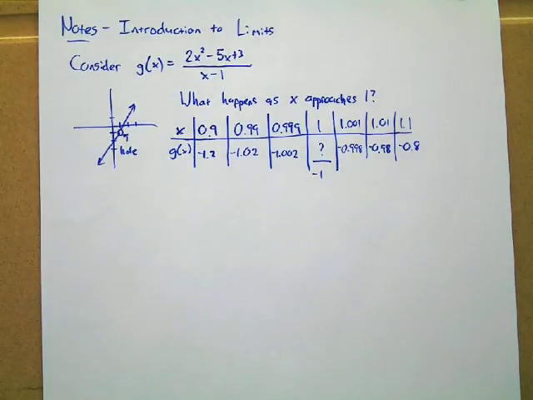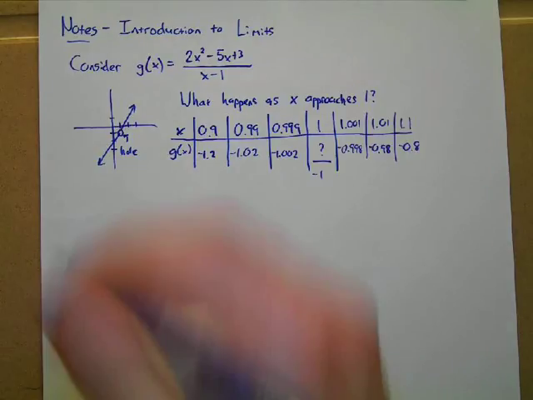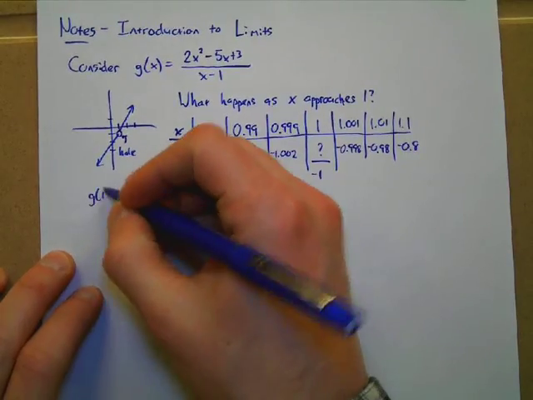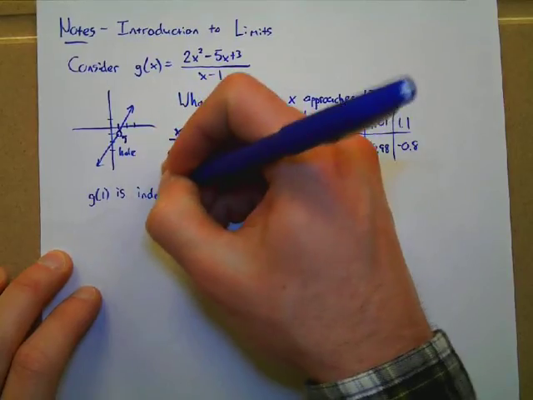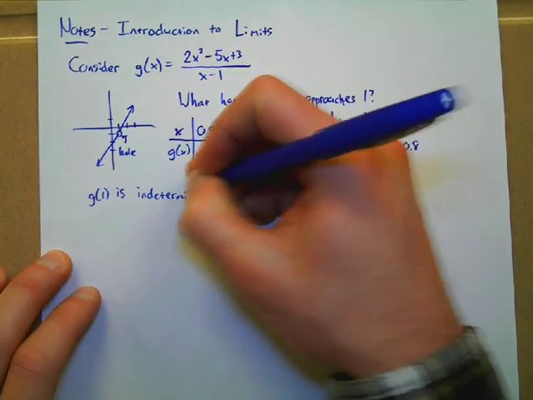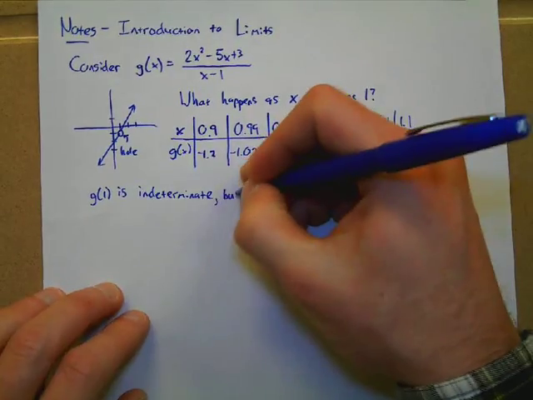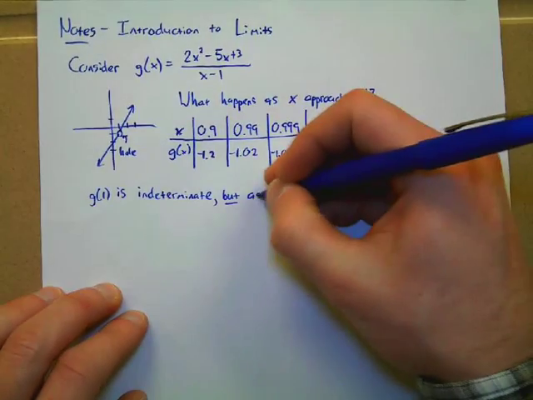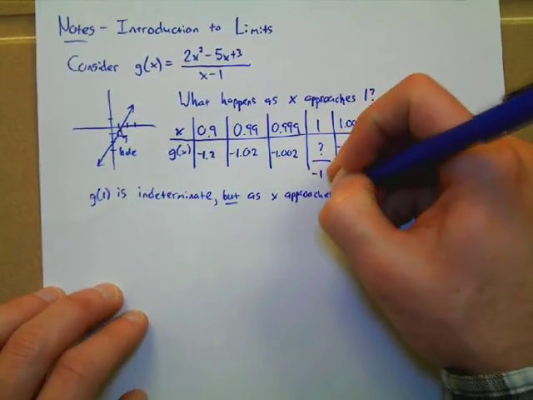So, in summary here, we can say that g of 1 is indeterminate. You get 0 over 0. But as x approaches 1, normally when we think about approaching something, we think about approaching it from smaller values, going from left to right, from lower values up to 1.